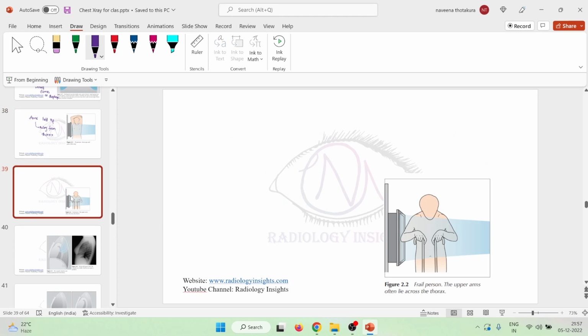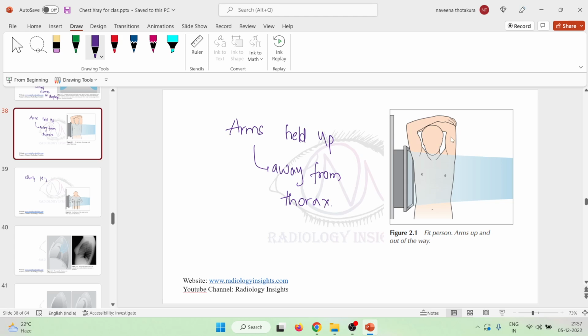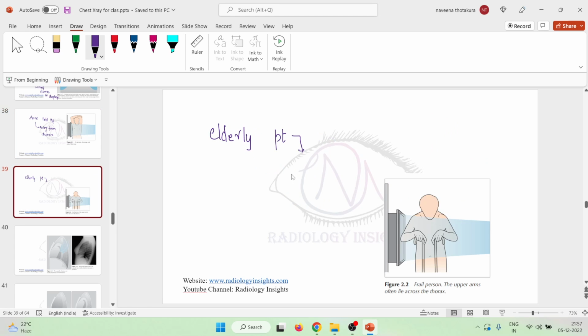Similarly, if the patient is elderly or frail, the patient will have difficulty in putting the arms up. So in such patients, arms are positioned in front of the chest.